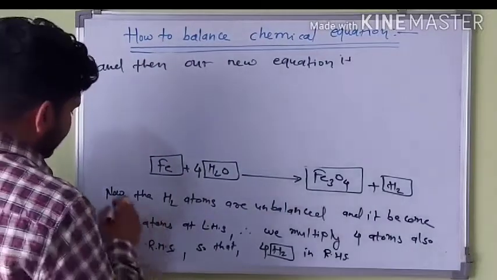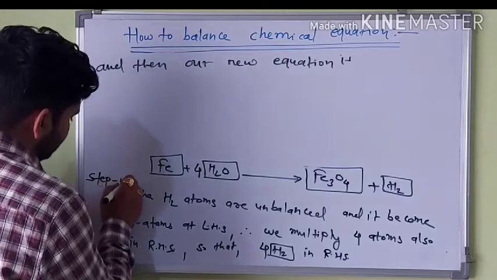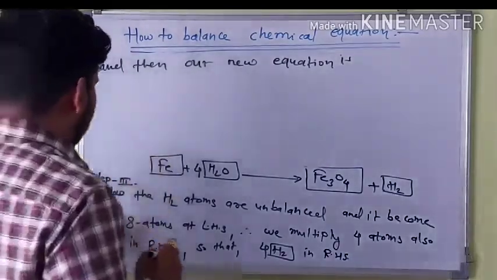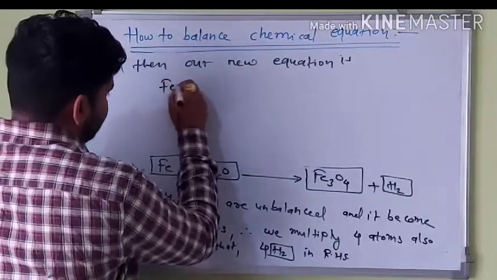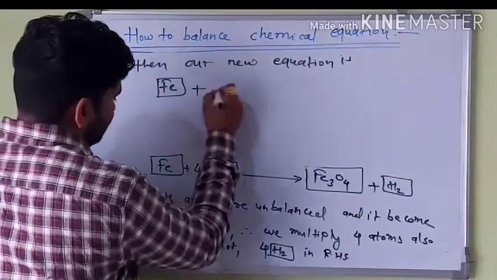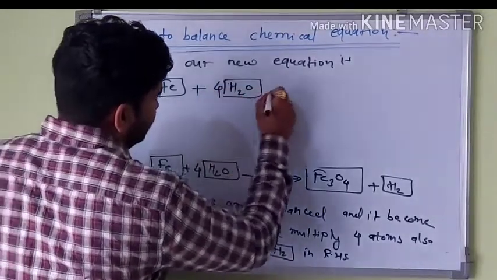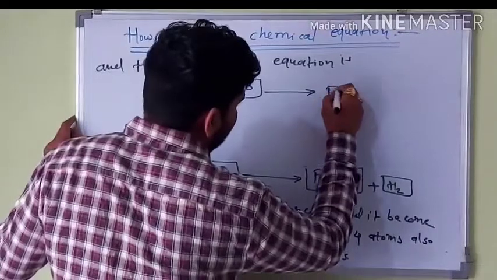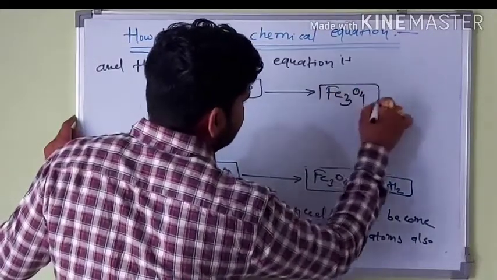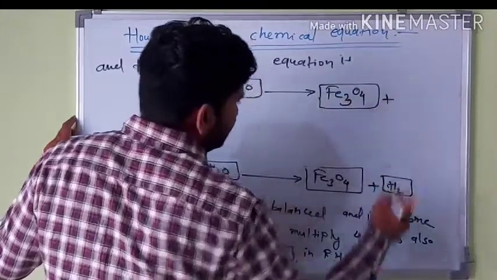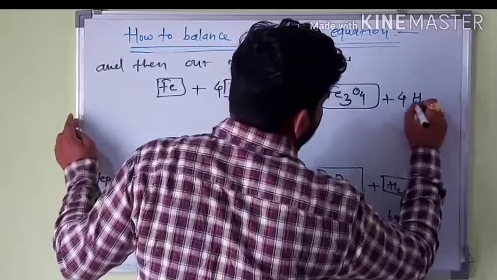This is step 3, and our equation is Fe plus 4H2O gives Fe3O4 plus 4H2.